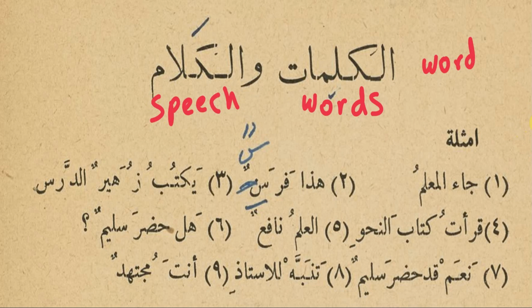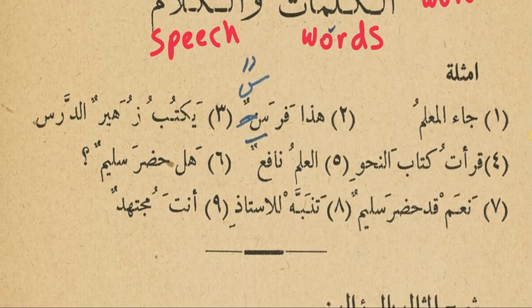Here we'll just give you an idea about the structure of the language. We talked before about how many letters a word would have. Now when you study the grammar, the way the grammarians study or teach it, they define the useful sentence, or what they call al-kalam, the speech.